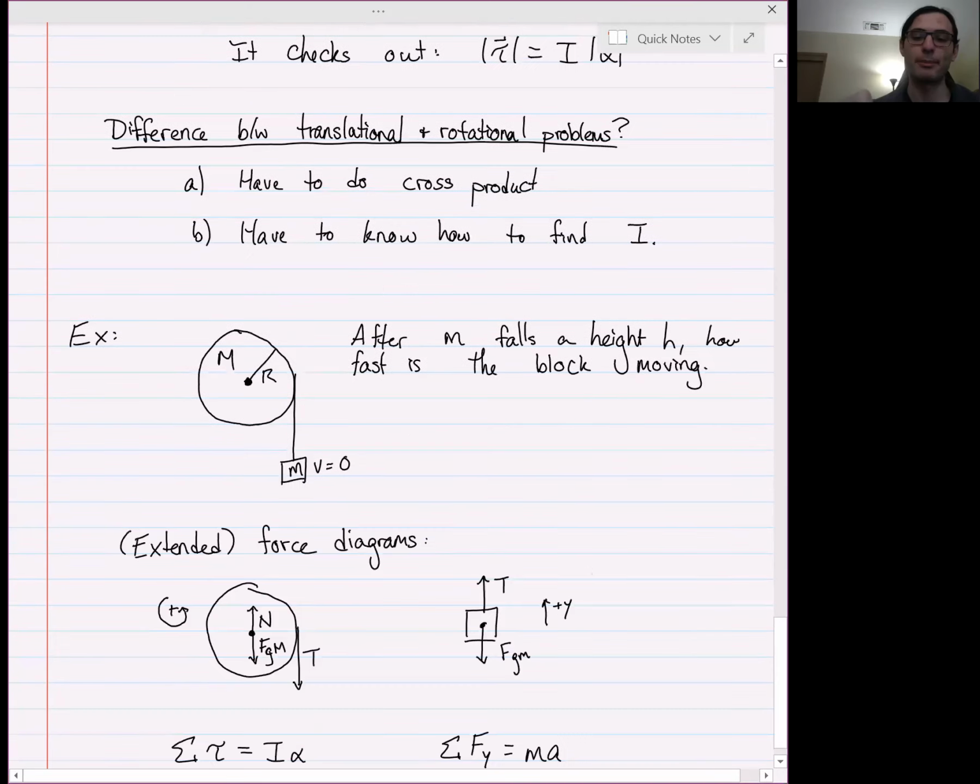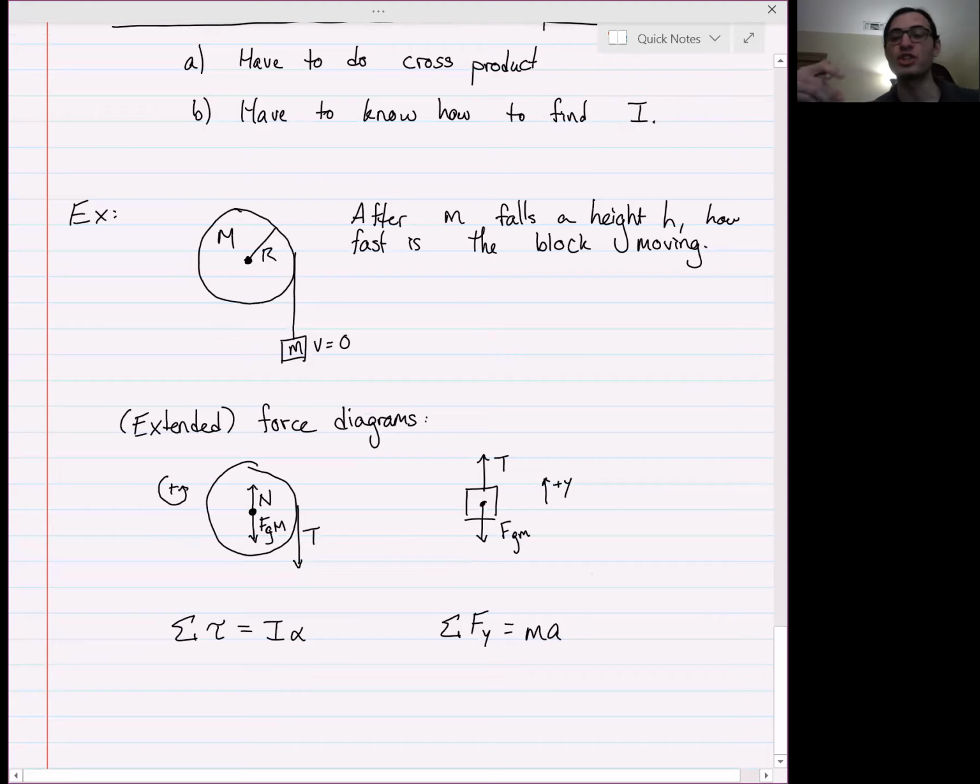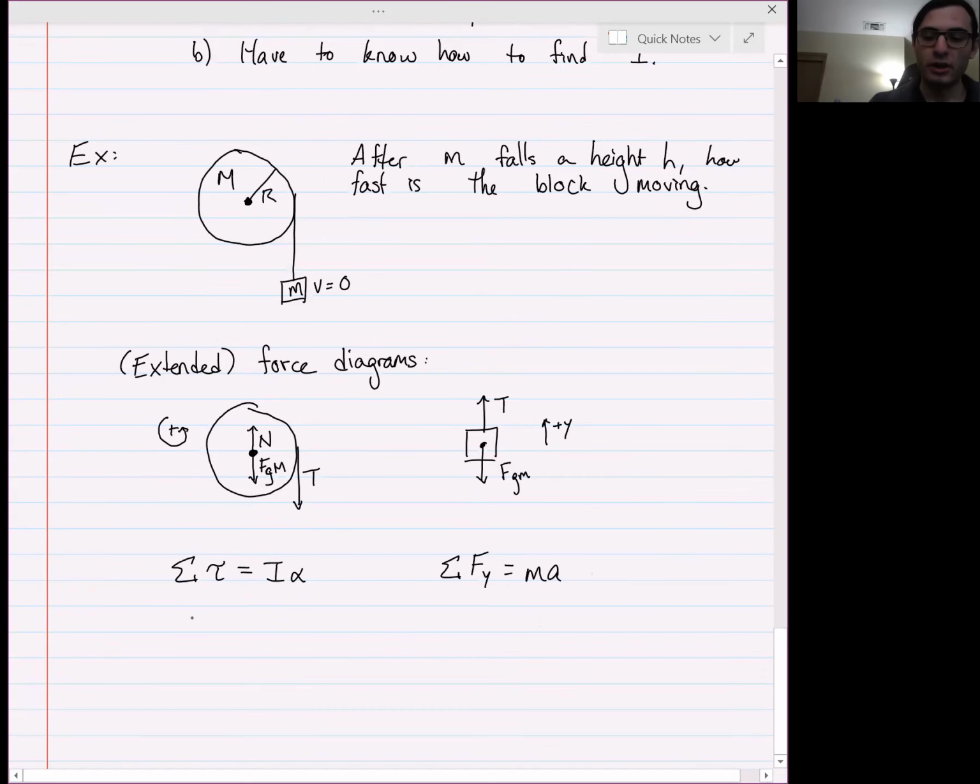But looking at this example, these forces originate at the pivot, i.e. that distance r is 0. So the torque from the force N is 0, as is the torque from the gravitational force. They're both 0, just because those forces originate at the pivot.